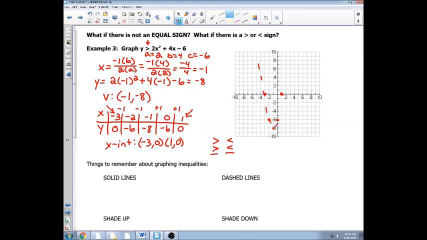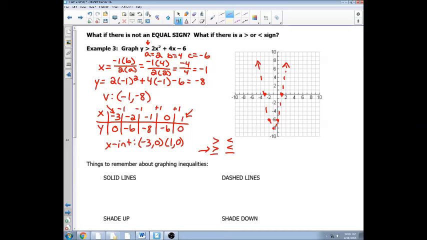I'll explain why in 1 second. But our graph would be a dashed line. Okay? If it was greater than or equal to, which would be that guy, that has a solid line underneath, right? So that is telling you, hey, look, go ahead and use a solid line.